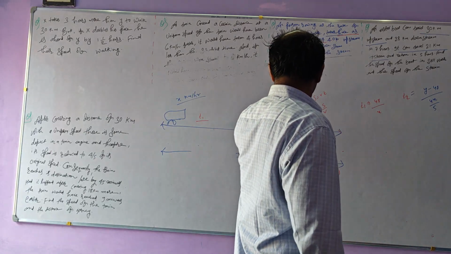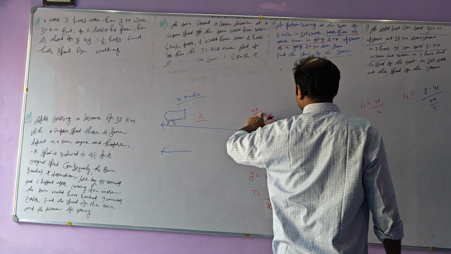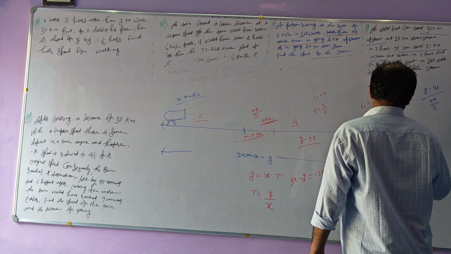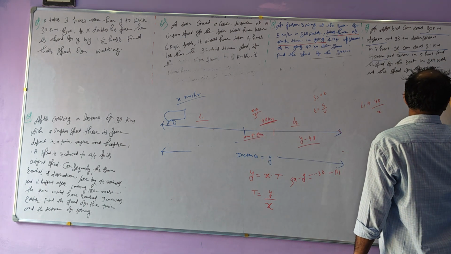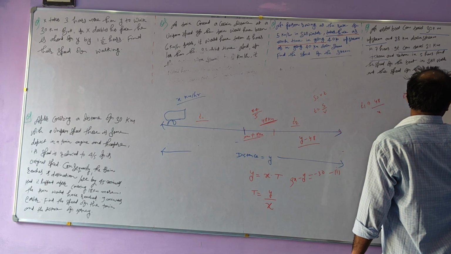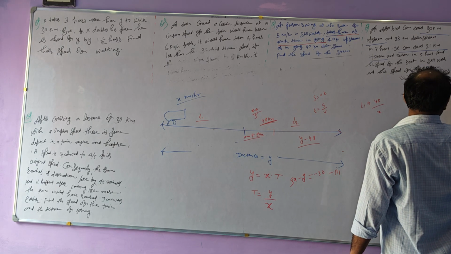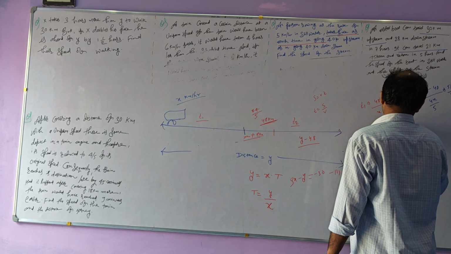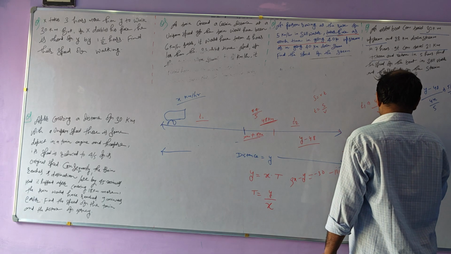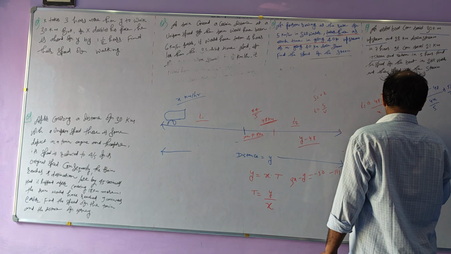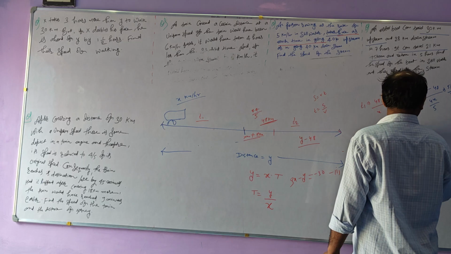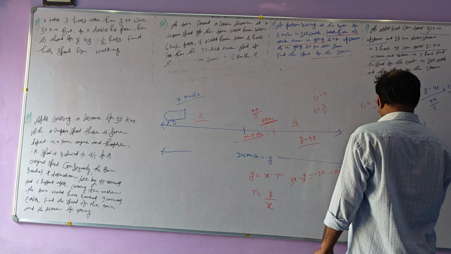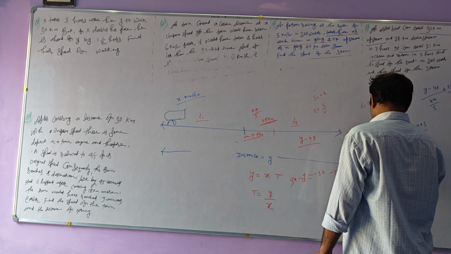At this position, the train is getting defected. Then the total time t is equal to t1 plus t2, then the equation becomes 48 upon x plus 5(y minus 48) upon 4x.